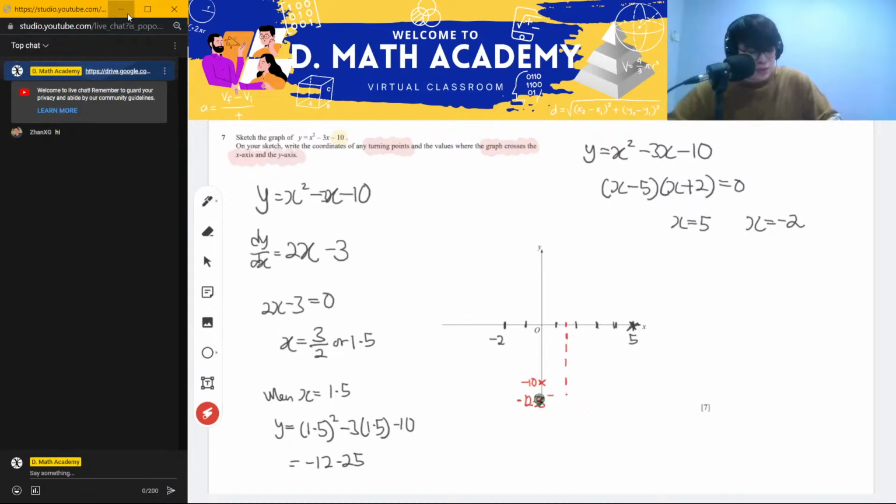Because they requested for it, else I wouldn't label the turning point here. Then you can start drawing it out. It goes like this. Just these 2 parts. That's how you get it done. Sorry for the ugly drawings. You should end up with something like this.